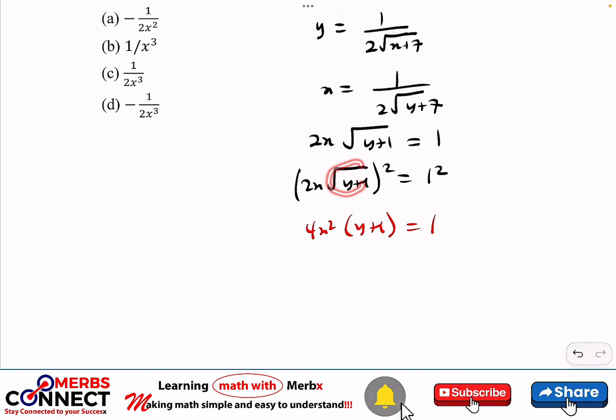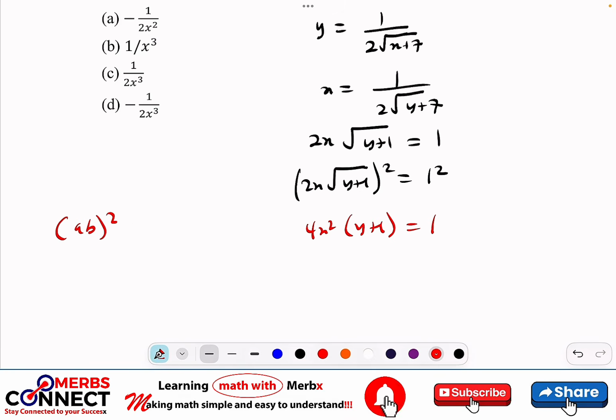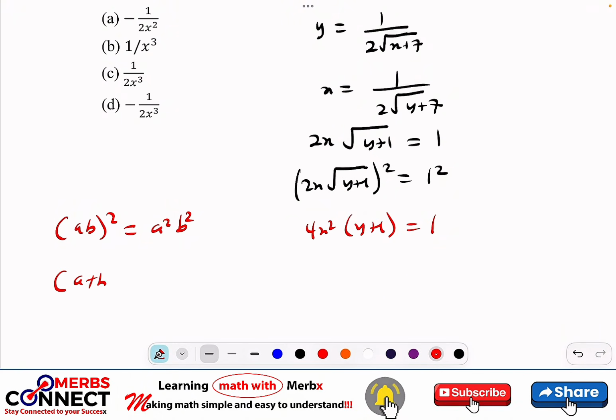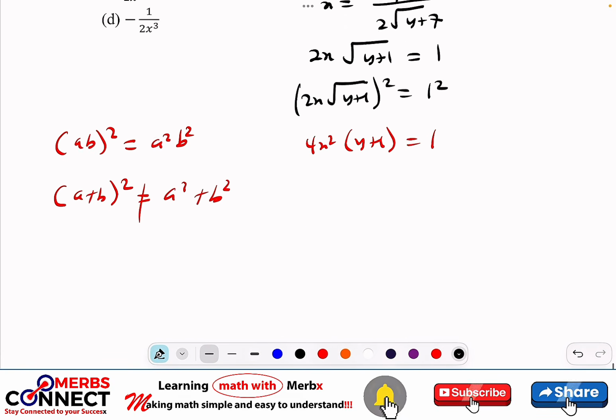So I can square this, because if I have a times b all squared, this is the same as a squared b squared. So I can square the 2, 4. I can square x, which is this, and then I can square this, which is going to be this. But a plus b squared is not the same as a squared plus b squared. No. So pay attention with that.